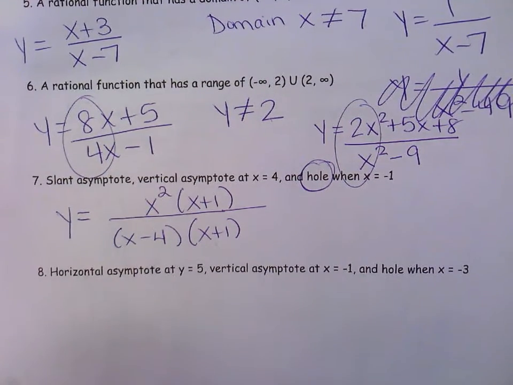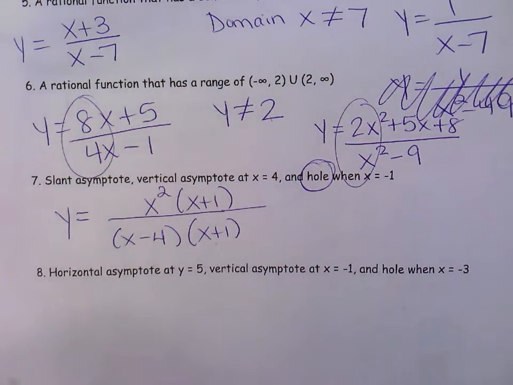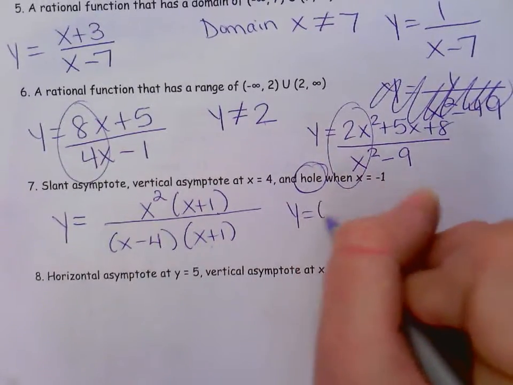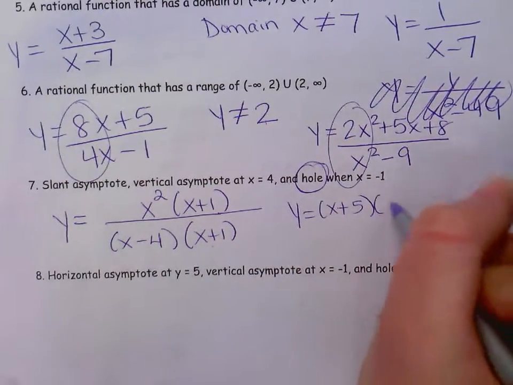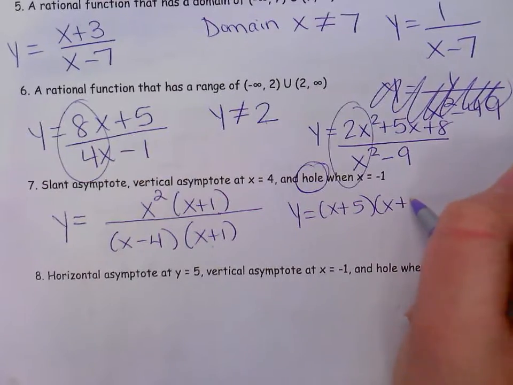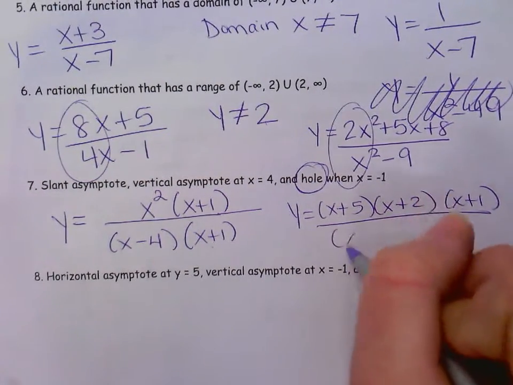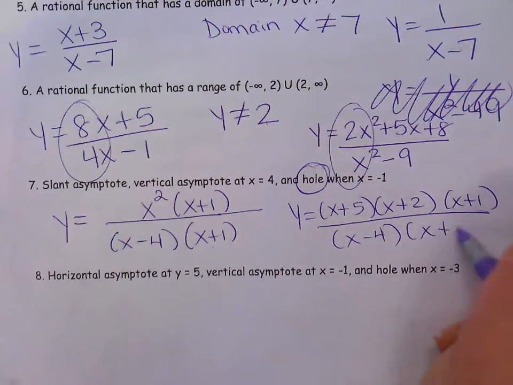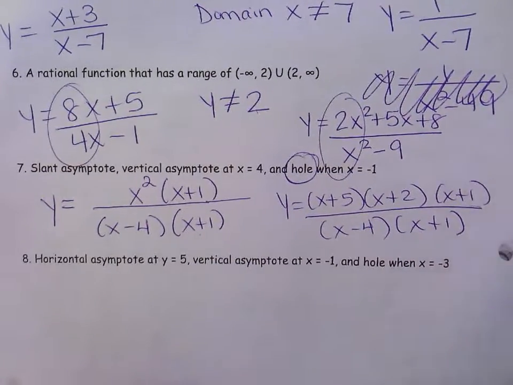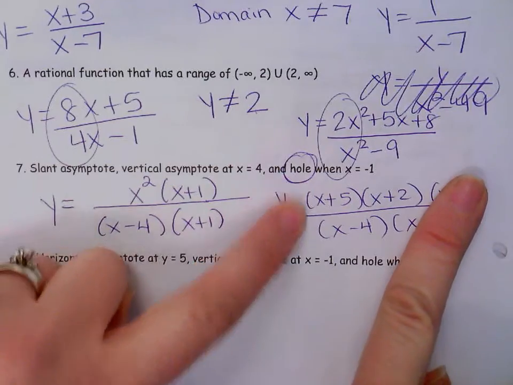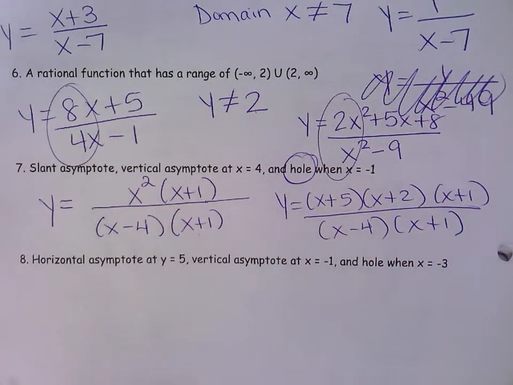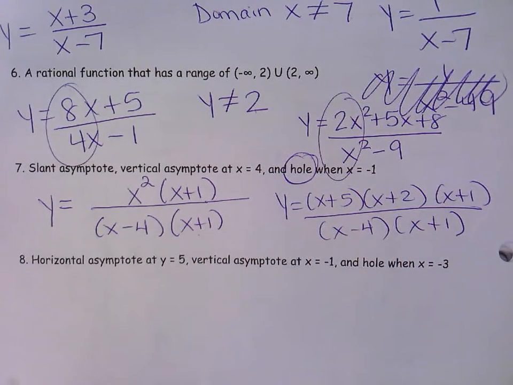Or you could put 3, x plus 5, x plus 2, x plus 1 over x minus 4, x plus 1. Because then the x plus 1's cancel, and I still have a quadratic over a linear function. So there are many correct answers as long as your powers are correct.